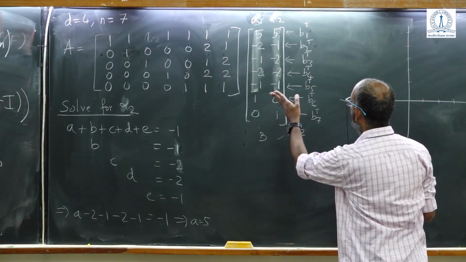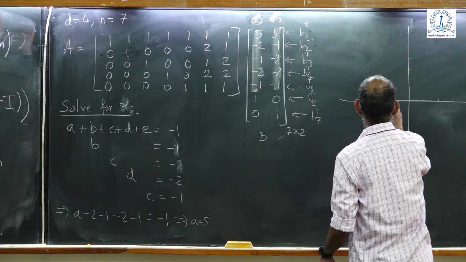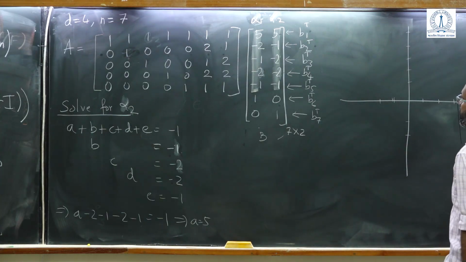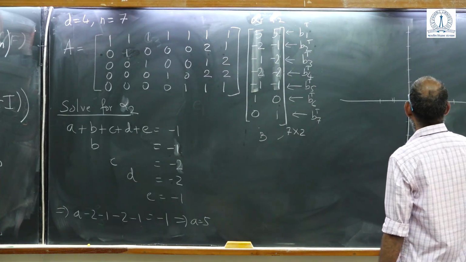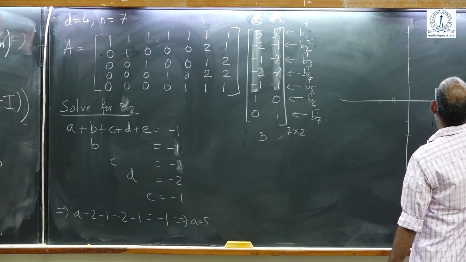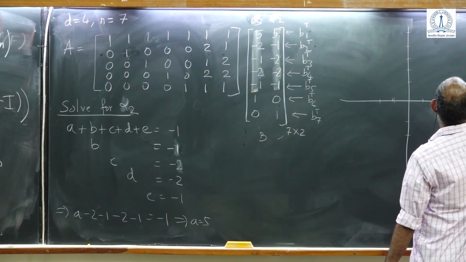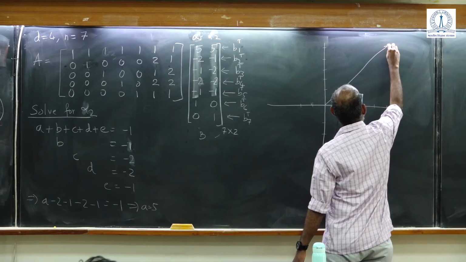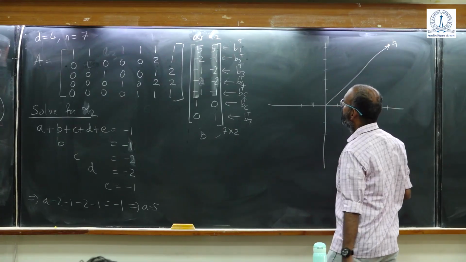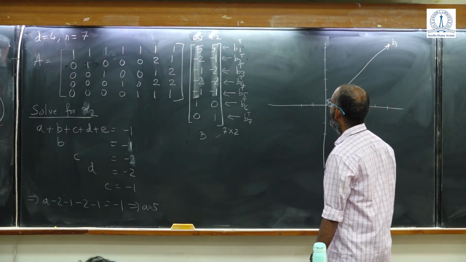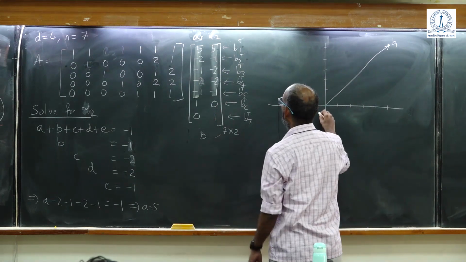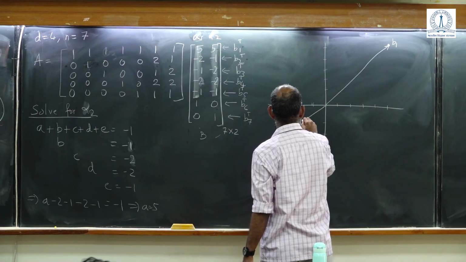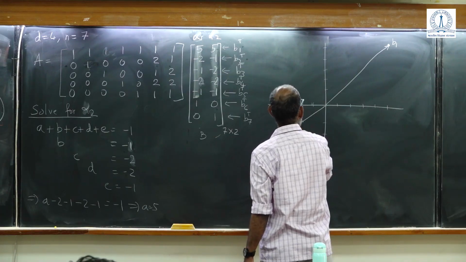And here minus I only have to go up to 2. Okay. So B1 is 5 comma 5. That is somewhere here. B1. B2 is minus 2 comma minus 1. So that is here.